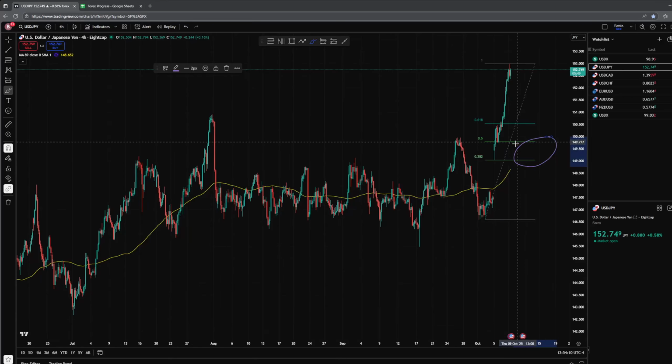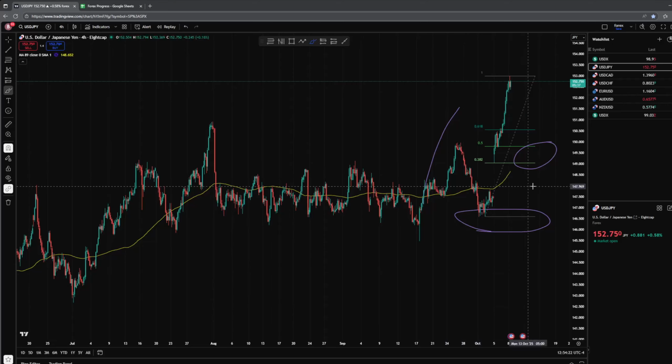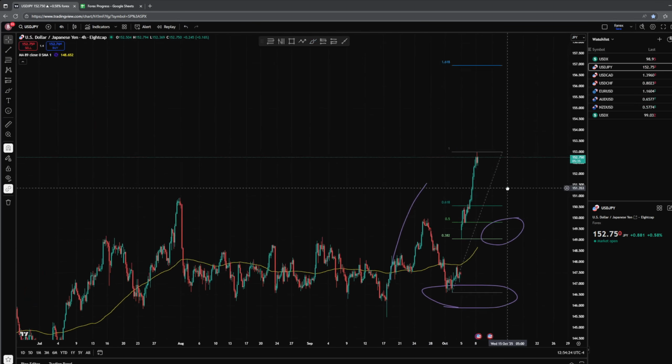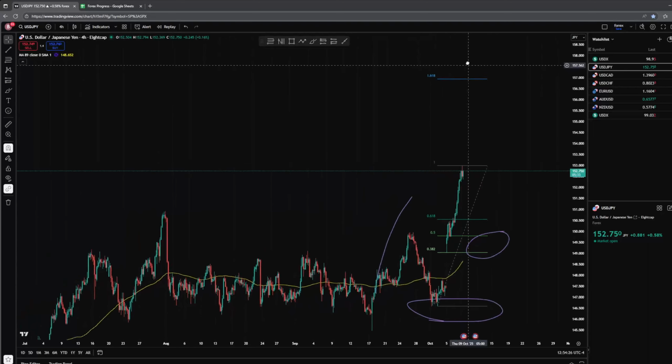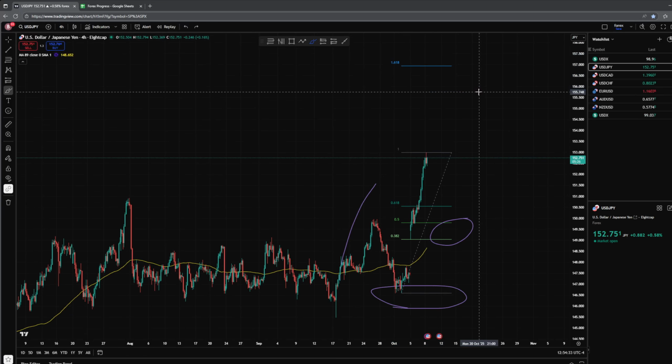Once the market retraces into a good zone, start buying USD Japan Yen. If that is the case, set your stop loss below the local minimum and set your take profit at the Fibonacci extension 1.618 up here. Your risk and reward ratio should be at least around 1 to 2.